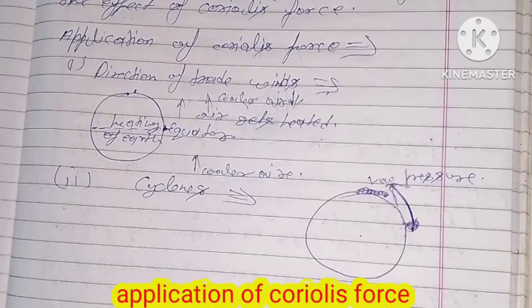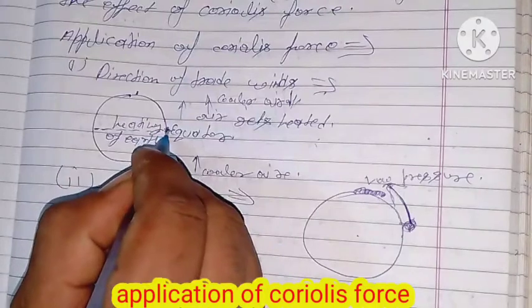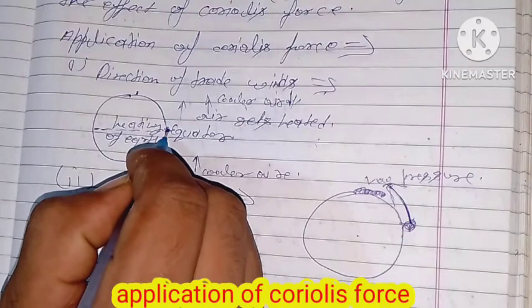At the equator, the horizontal component of Coriolis force, 2m omega v sin lambda, which is effective in deflecting the wind, is 0 at lambda equal to 0. There are therefore no cyclones produced on the equator.